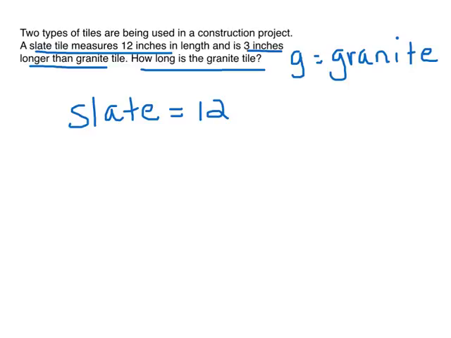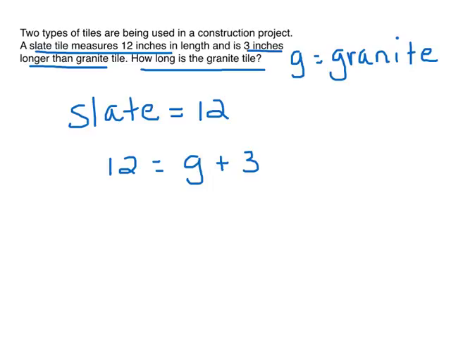So I know that the slate is 12, and that is going to equal the amount of granite plus 3 inches, because that's what our problem indicates, that the slate is 3 inches longer than the granite. So I know this word longer means that I'm adding. So I can say G plus 3.